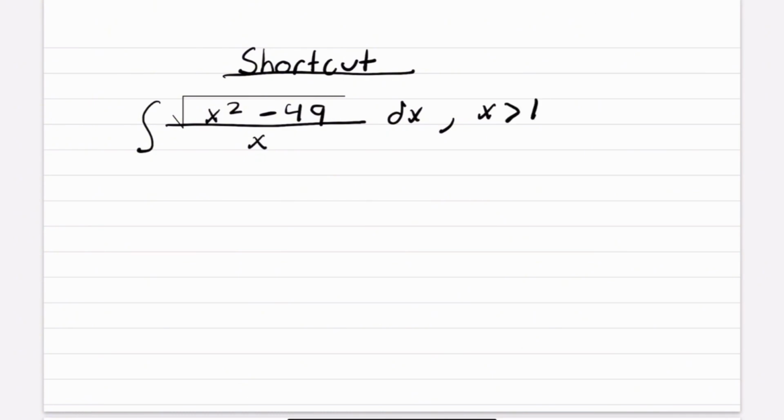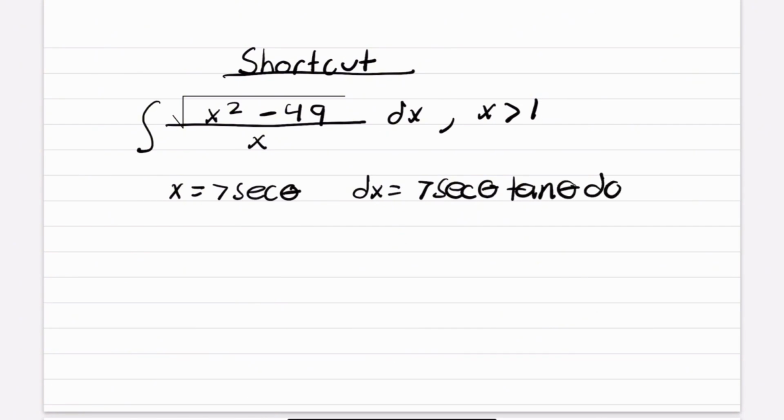After we solve for x and dx, so x is equal to 7 secant theta and dx is equal to 7 secant theta tan theta d theta. So whether you are going the fast way or the long way, you still need to find x and dx.